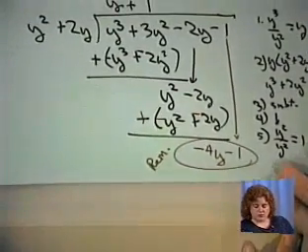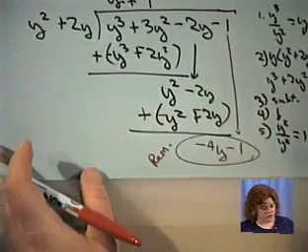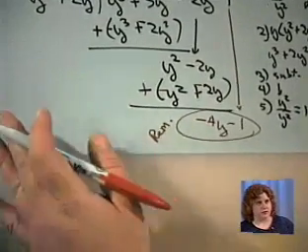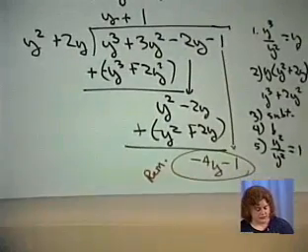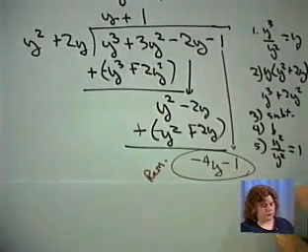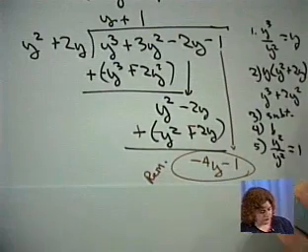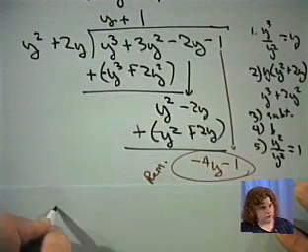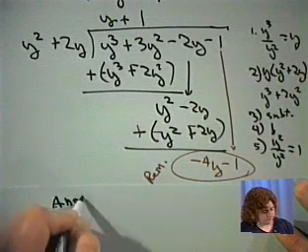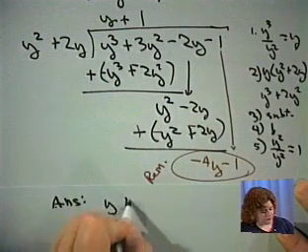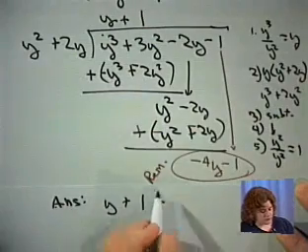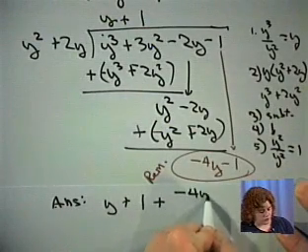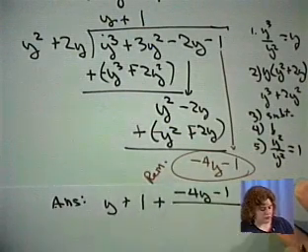And what you can do is write your answer as, see if I can squeeze it on the bottom here, an addition statement, because that's what you really have when you have a remainder. Your answer would be y plus 1 plus your remainder, which is a negative 4y minus 1, over your divisor.